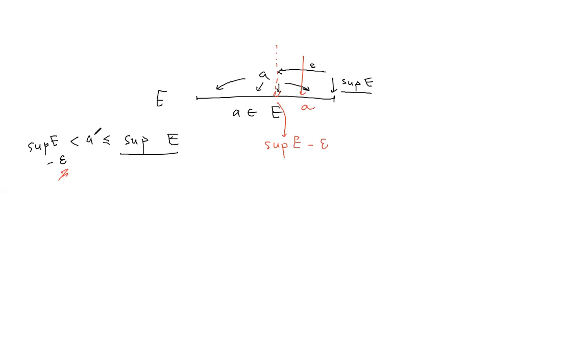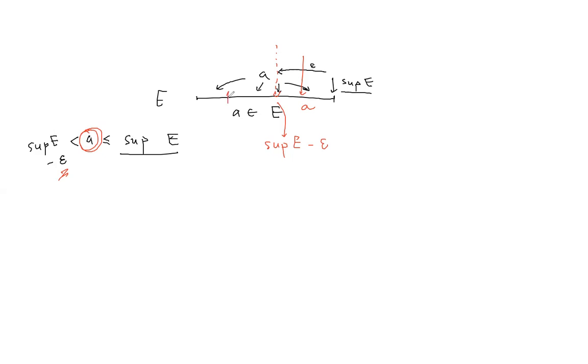It's like you're trying to catch your A, imprison your A between sup E and some other deviation from sup E by a certain amount. And you can always find that regardless of what A is, as long as your A is inside this interval.